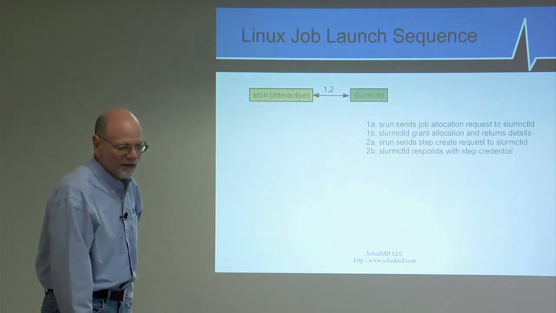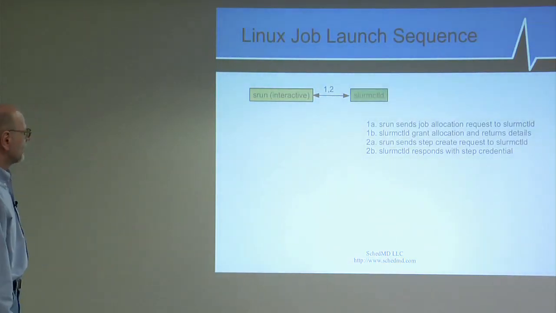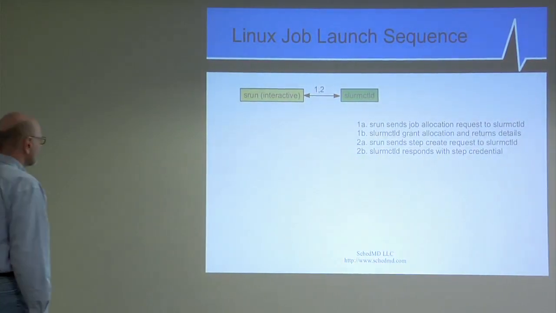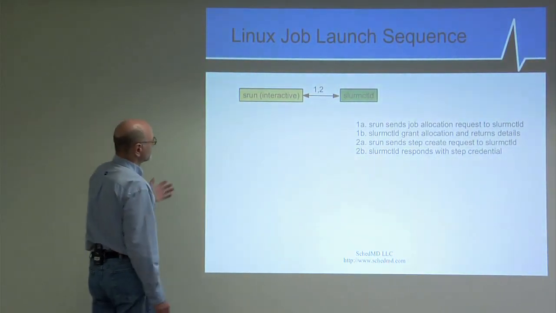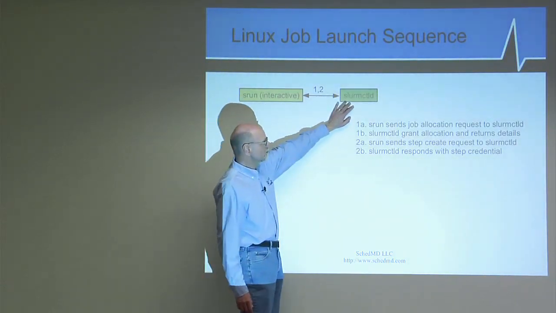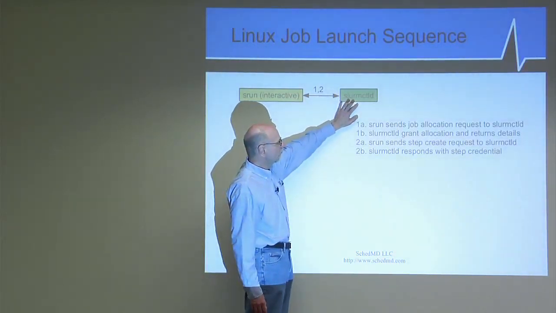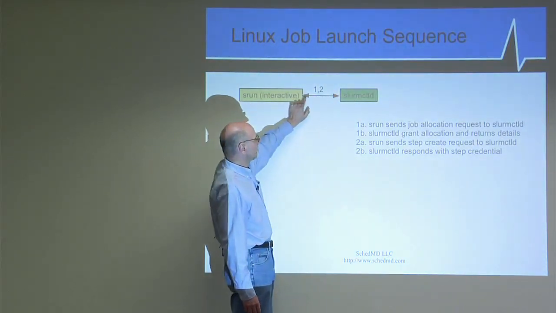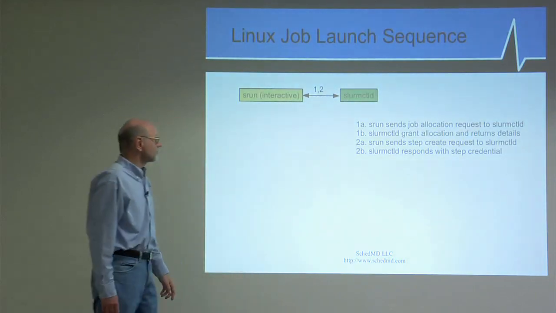Now to go through a job launch sequence. So we're doing an srun, say we don't have a resource allocation, it sends a request to the Slurm control daemon. When the request can be satisfied, a response is sent back to the srun.